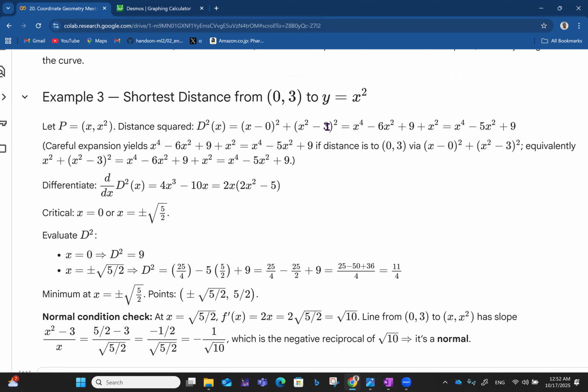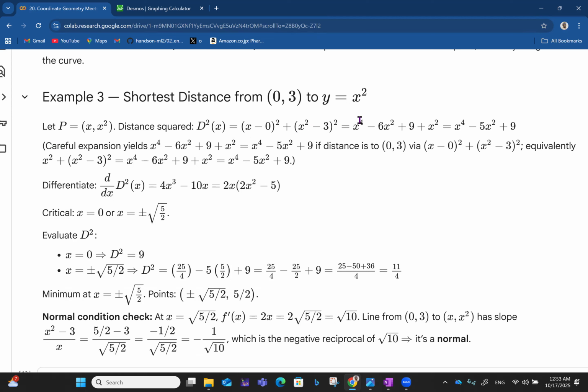Using the coordinate geometry we have always known, if you expand this, you simply have x squared, and when you expand the other part, you have x raised to power 4 minus 6x squared plus 9.